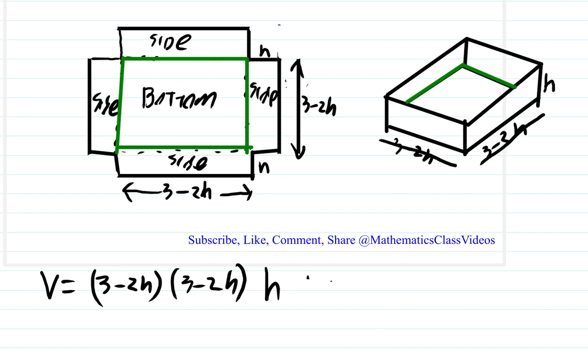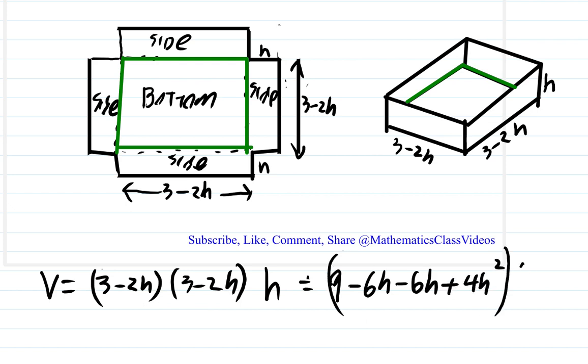Alright? So, if we multiply out those, we get 3 by 3, that's 9. 3 by negative 2h, that's minus 6h. Then 2h times 3, that would be minus 6h again. Negative 2h times negative 2h, that's plus 4h squared.